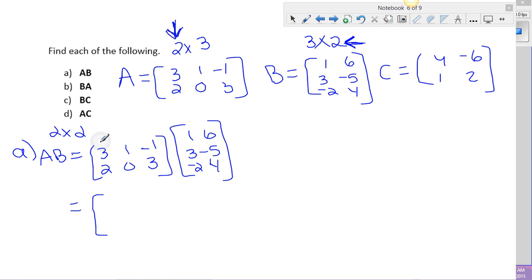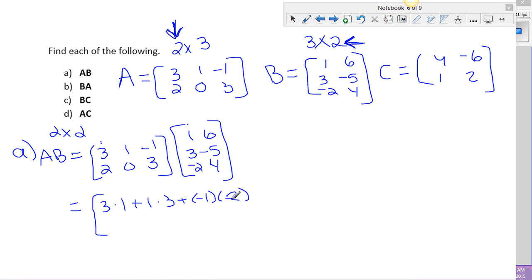You've got 3 times 1, first row, first column, plus 1 times 3, first row, second column, plus negative 1 times negative 2, first row, third column, third row, first column.